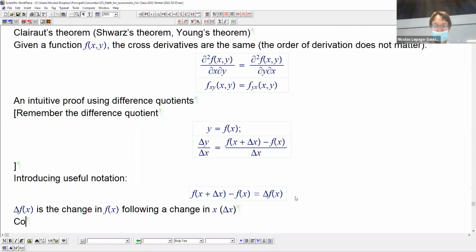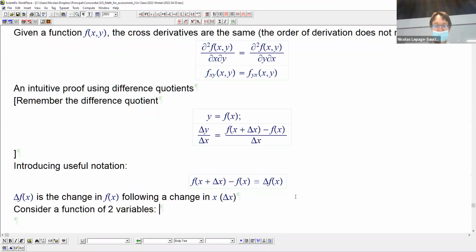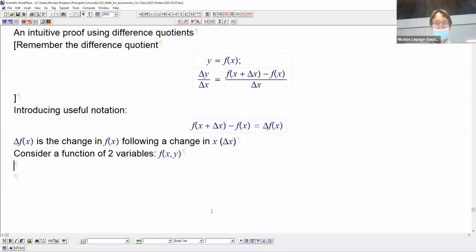So consider, again, f of x and y. So now we could have two differences. I could either change x with delta x, or I could change y with delta y. So I want to have some meaningful way to know what I'm changing, because I can change one or the other. So let's consider the two cases.